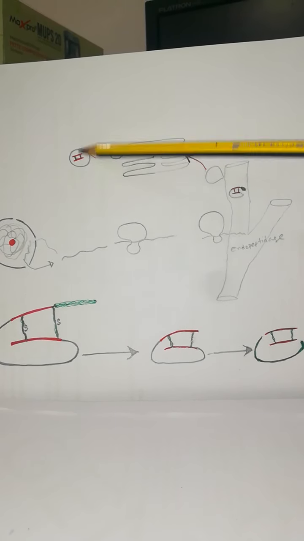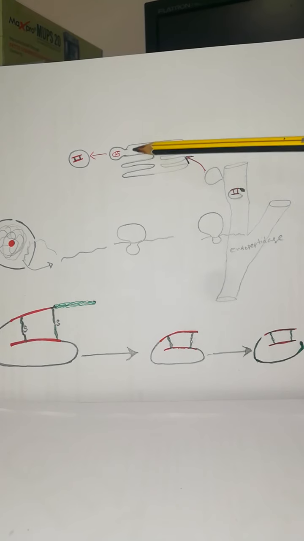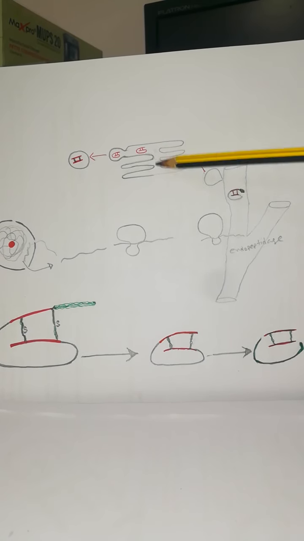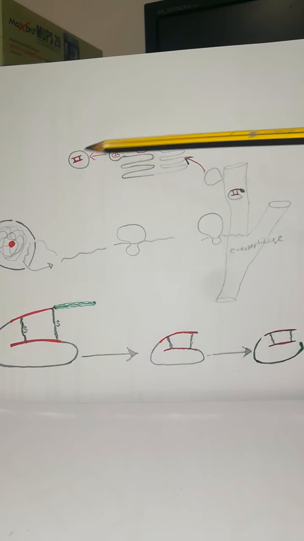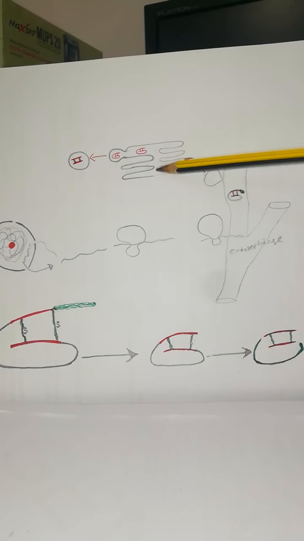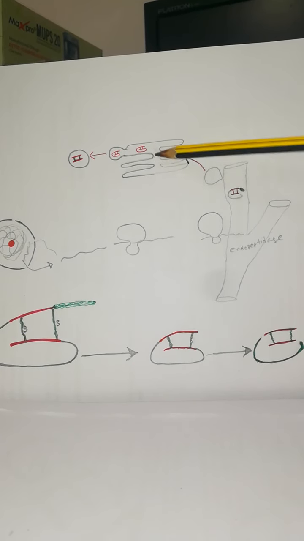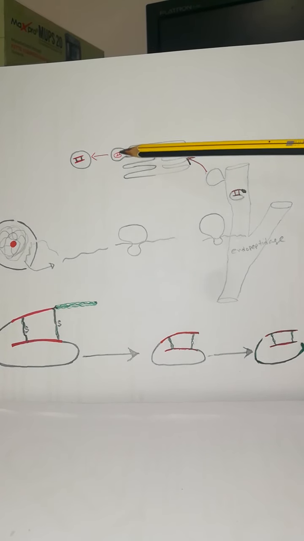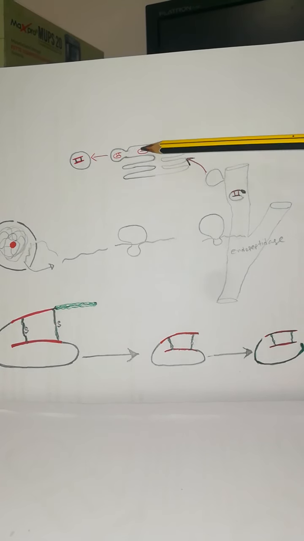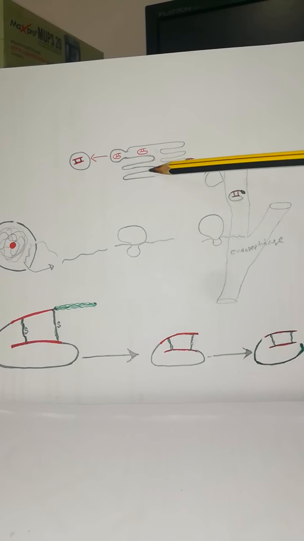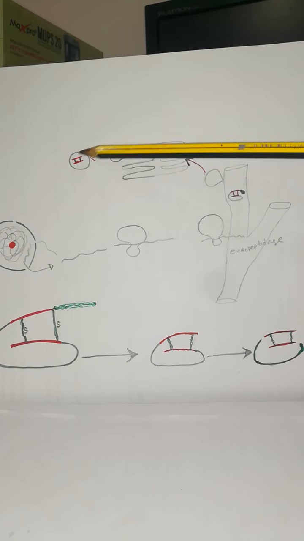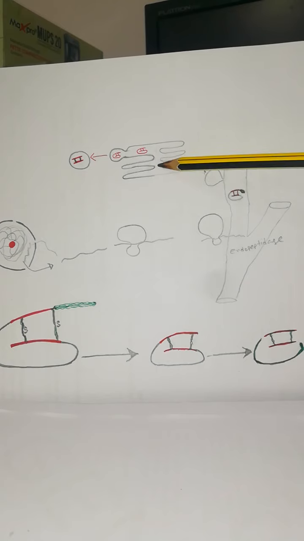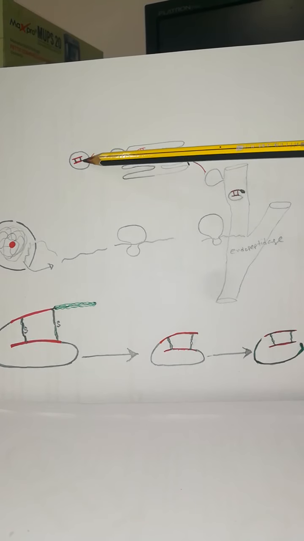This active form of insulin is also present in the Golgi complex. I did not show it here, but this active form of insulin is also present in the Golgi complex. I just show you proinsulin here, but C-peptide is also removed here. In the Golgi complex, C-peptide is also removed. This structure is also present in the Golgi complex. This is the active form of insulin.